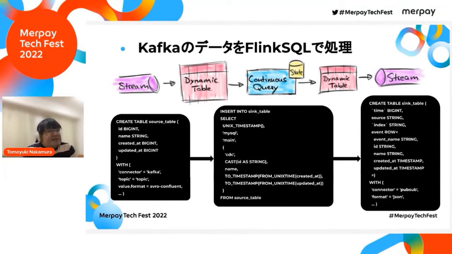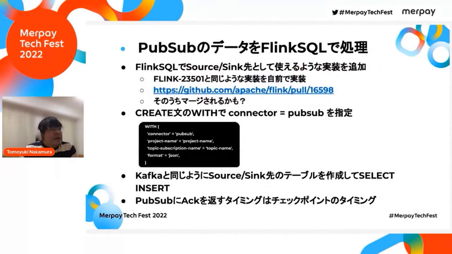The AML pipeline uses PubSub as the sink table. Flink has a PubSub connector implementation, but it does not support SQL. As the issue was raised in FLINK-23501, there's an implementation that can be used with SQL.